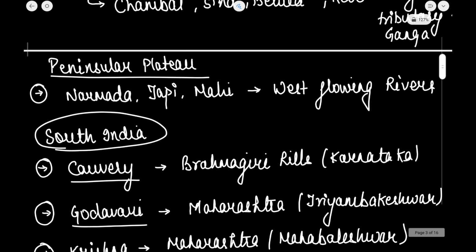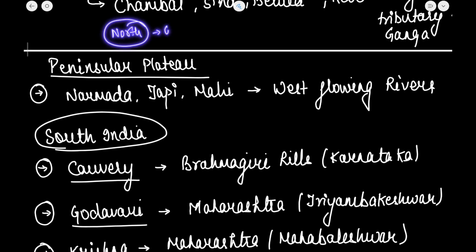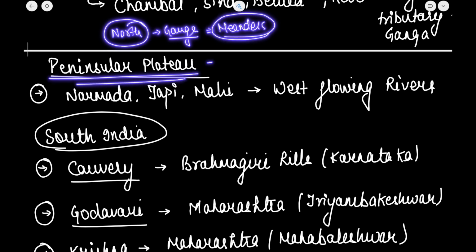Now the peninsular rivers, just like the northern India rivers, that is Ganga, Yamuna, etc., show an important thing that is called meanders. They form meanders, but the peninsular plateau rivers do not form meanders.